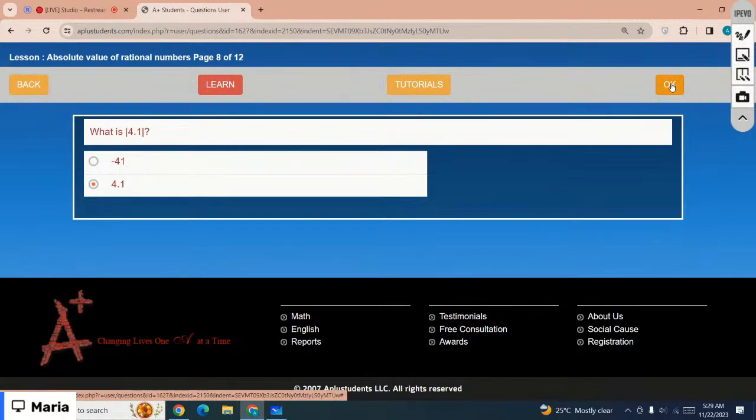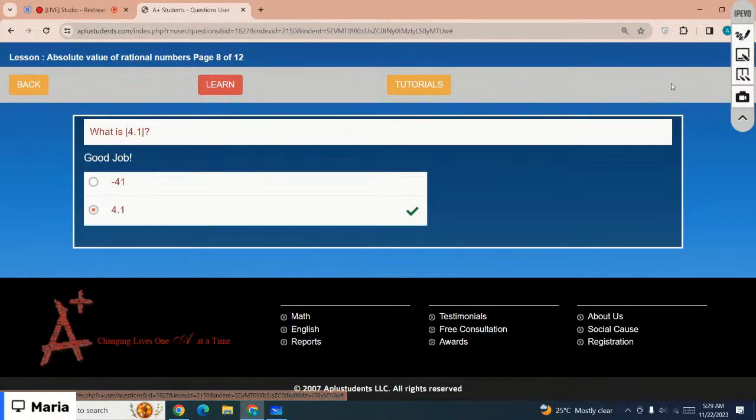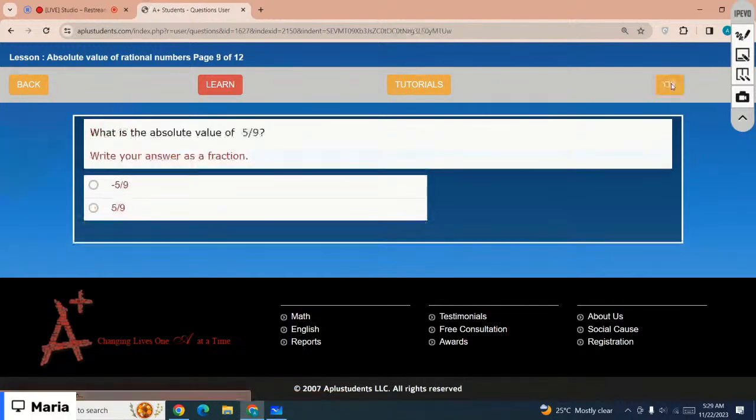What is the absolute value of 5 over 9? Yes, that is 5 over 9.